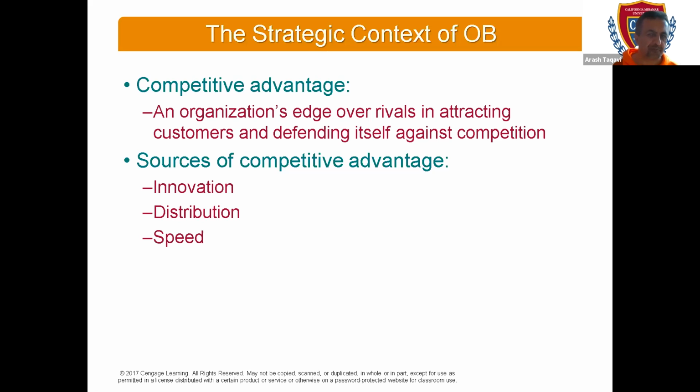Distribution. It's very important. Which company has a better distribution system for distributing its products? Speed is very important, and convenience, and first to market. It is very, very important in marketing psychology. It's not important to be the best.